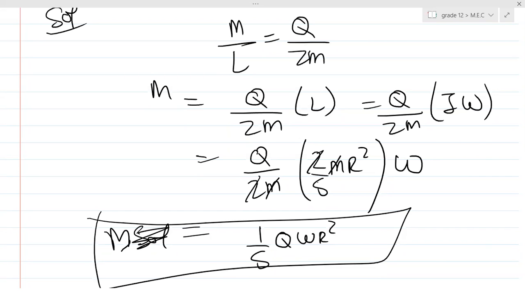Hollow sphere, it is something. It was not 7 by 5. What was it? Was it 3 by 4? Was it 4 by 3? It was something like that.